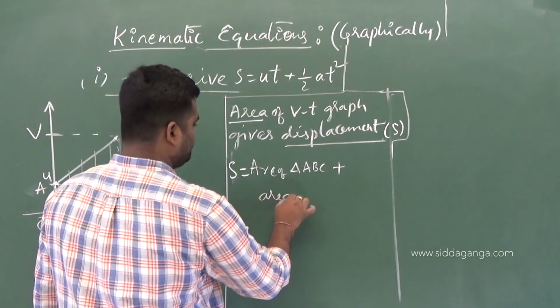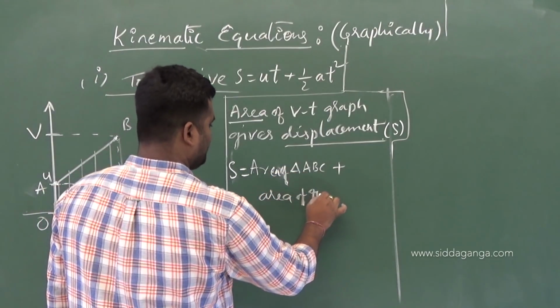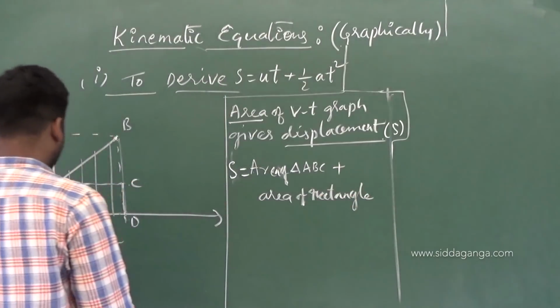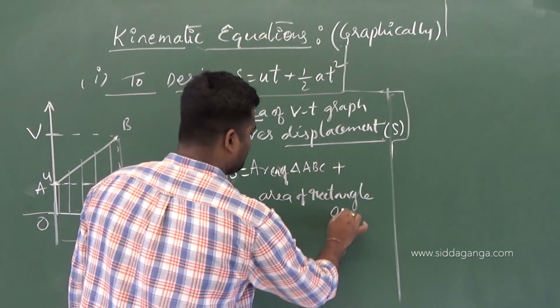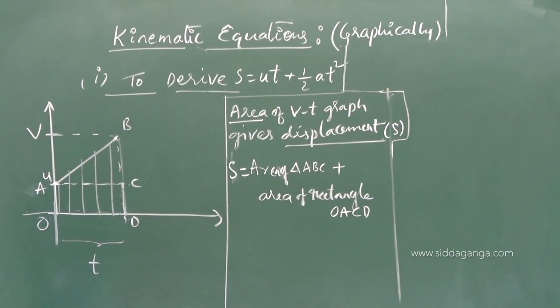What is that rectangle we have taken here? OACD, right? So how to find out?